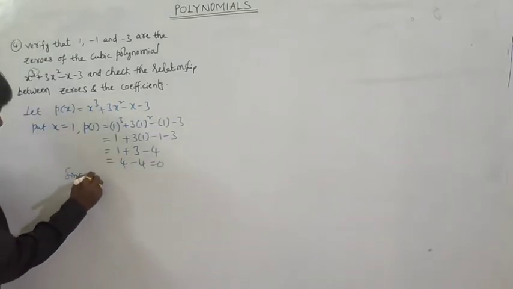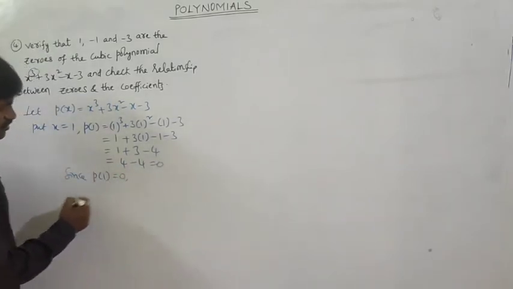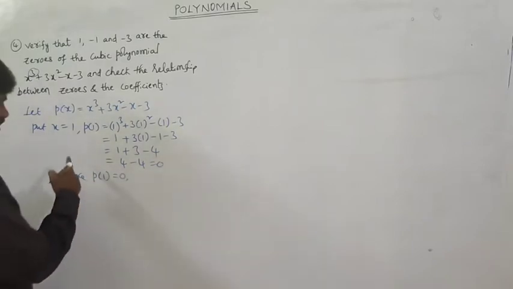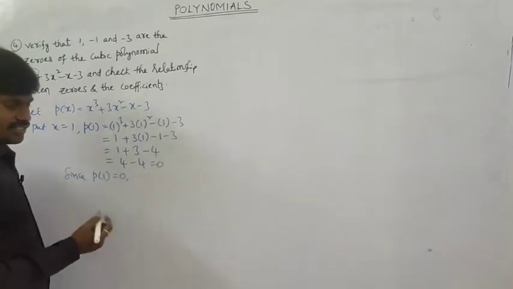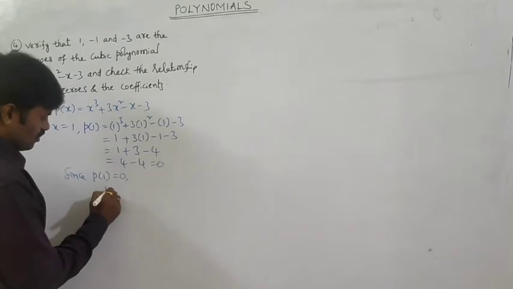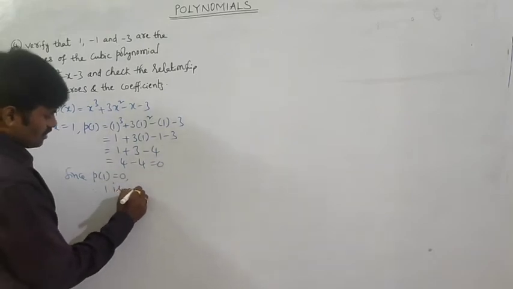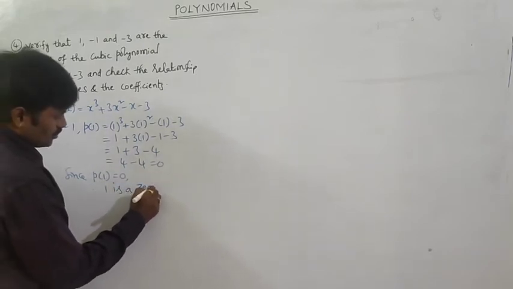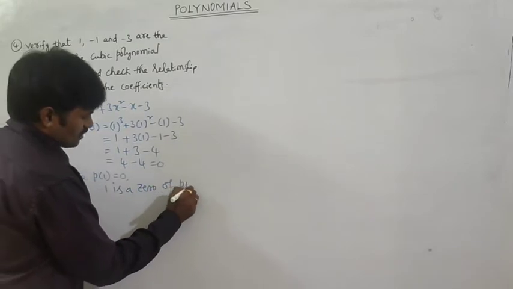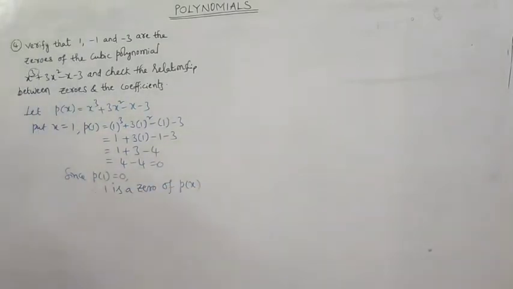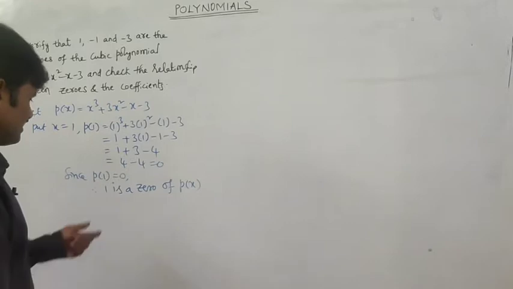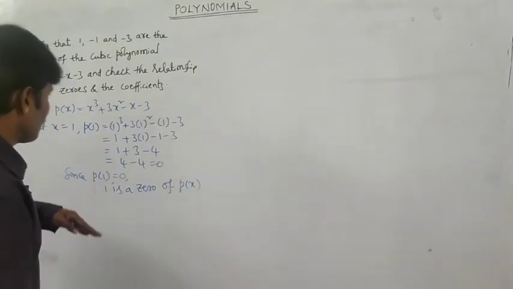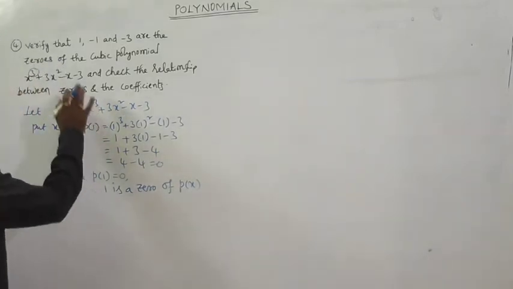Since p of 1 is equal to 0, what can you conclude? 1 is a zero of p of x. Understood?